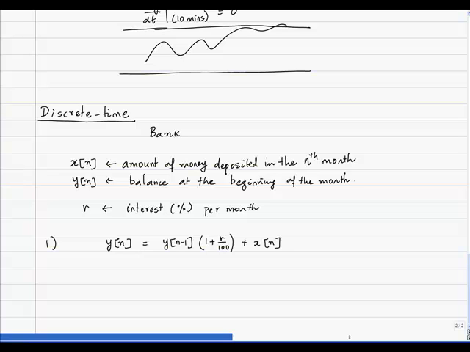Okay. Now notice that, at least the way I've written it here, this is not a straightforward relationship between x of n and y of n, but I have to compute y of n recursively.